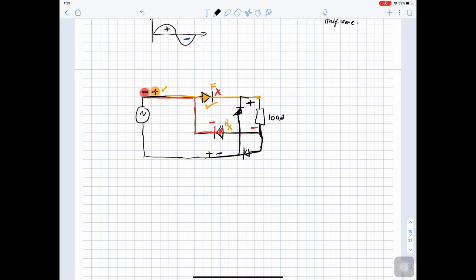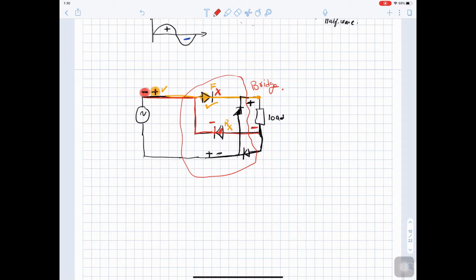And we have this well-known connection, which we call a bridge. So this well-known connection is called a bridge.